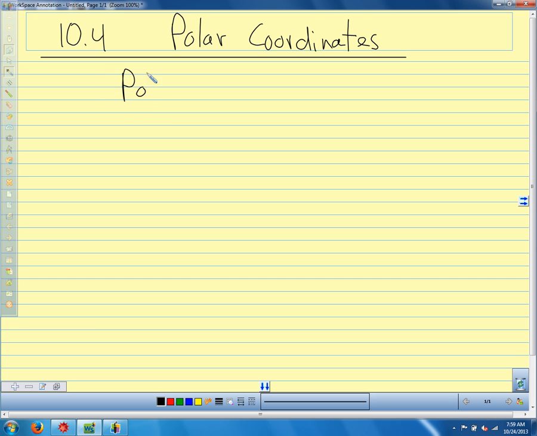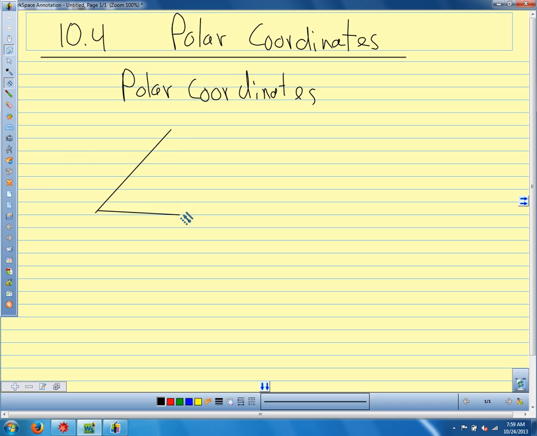So when we're looking at polar coordinates, what we're talking about is we have an angle in standard position. And our point here, we're going to refer to our point as P. Our coordinates are R and theta.